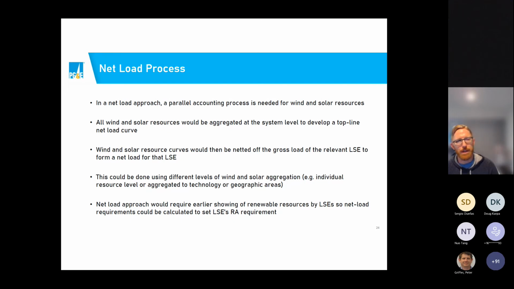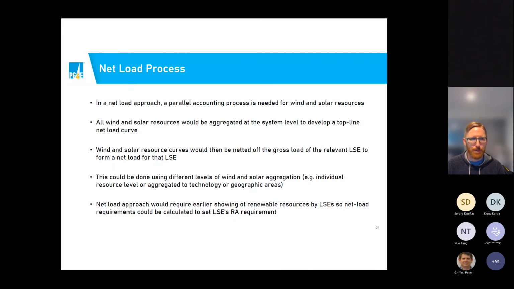Okay, we've also talked about a net load framework. Peter walked through the recap slide of that earlier in the presentation. So if a net load framework were adopted, how would that change things? In that approach, we see a parallel accounting process being needed for wind and solar resources. You would go through the same load forecasting process, but at the same time, you would be following a similar process for wind and solar.